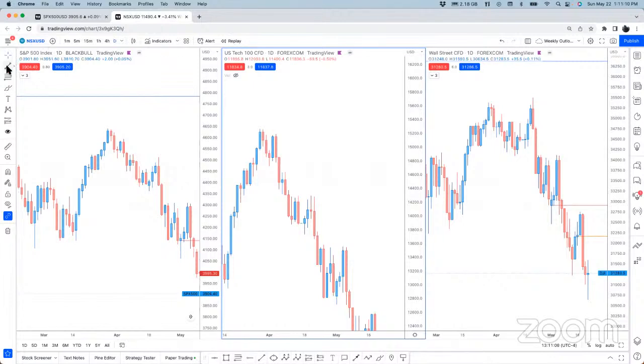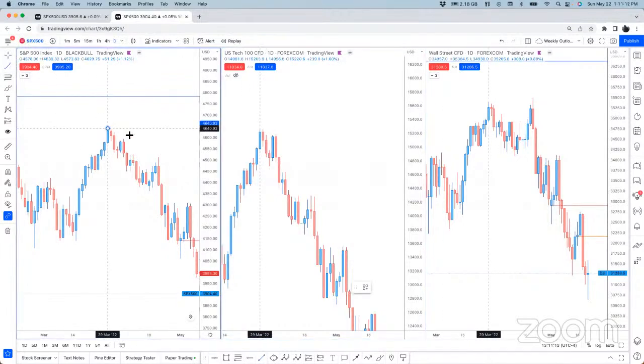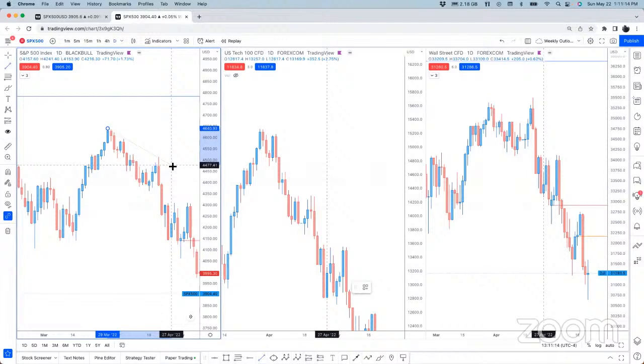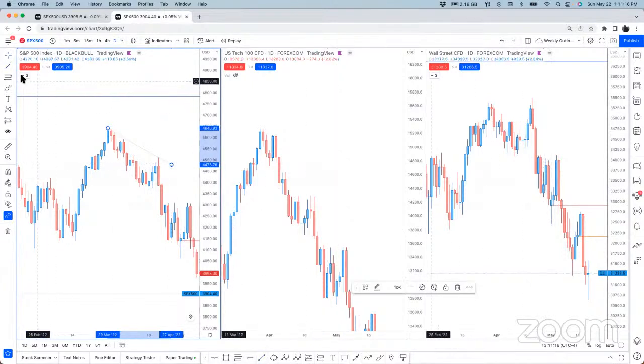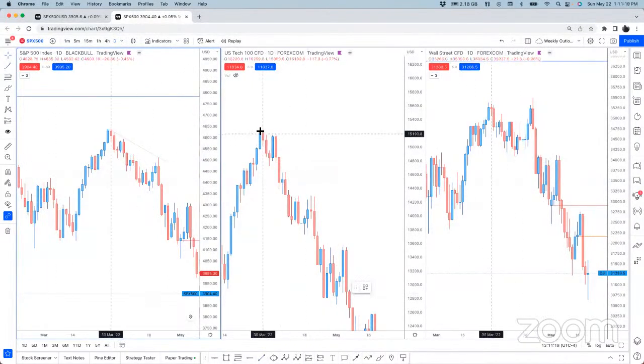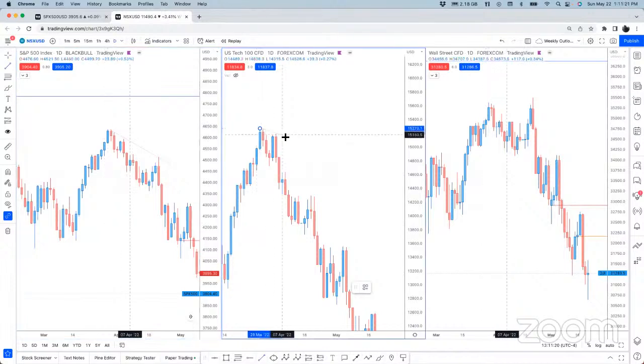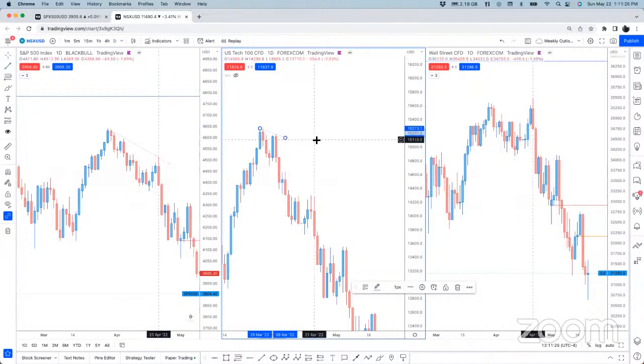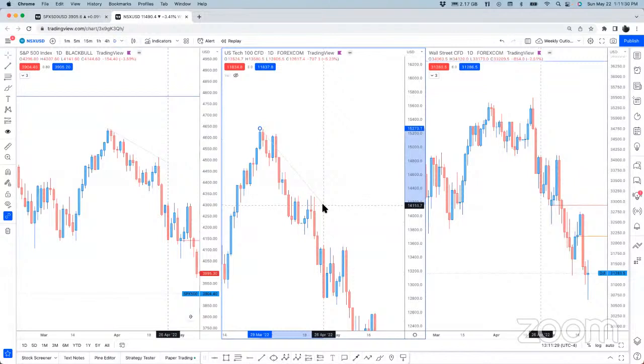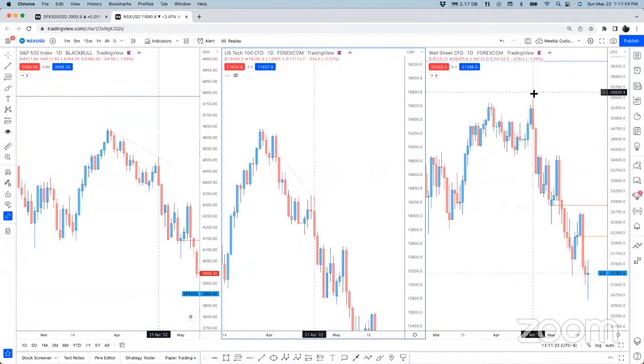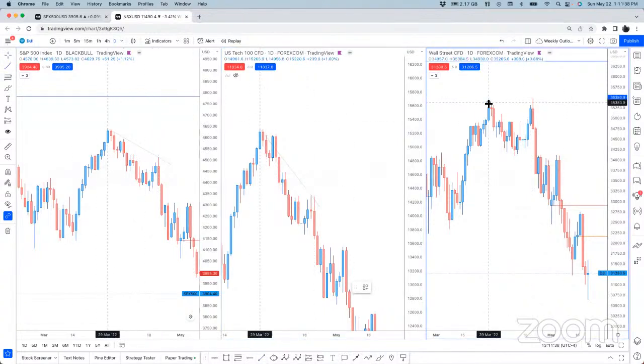So while these candles were making lower lows and lower highs over here, at the same point as this high was made right here, which was down here on NAS, US 30 was making a higher high right here. And it swept this high at the same point.